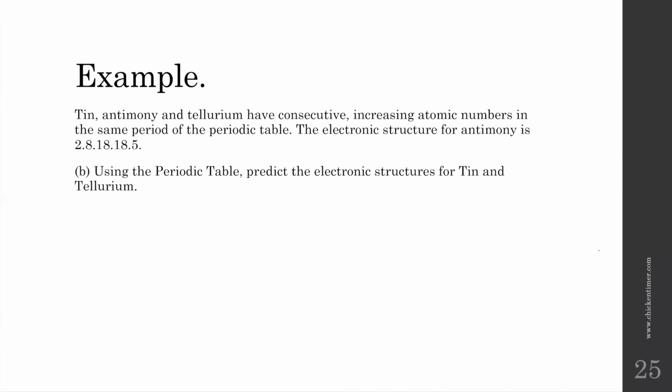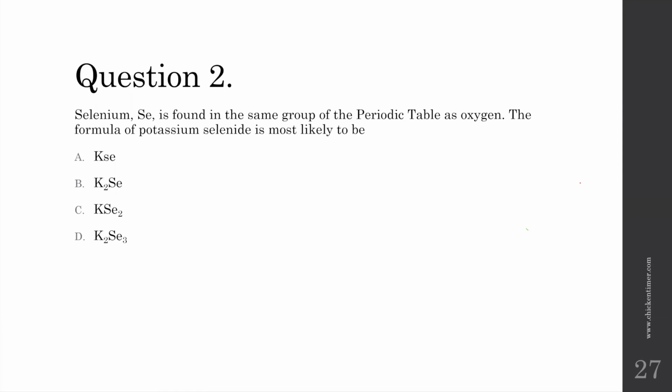Using the periodic table, predict the electronic structures. So this one was 2, 8, 18, 18, 4. Then this is 2, 8, 18, 18, 6. No big deal there. Selenium is found in the same group of the periodic table as oxygen.